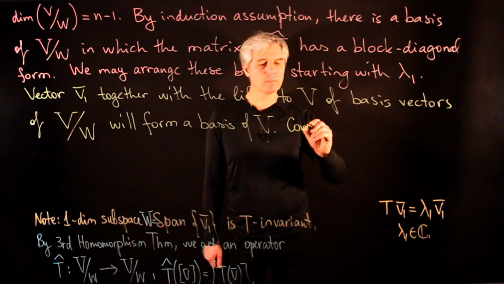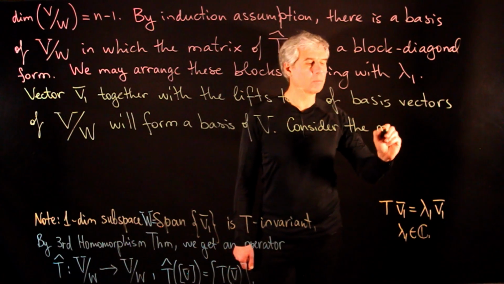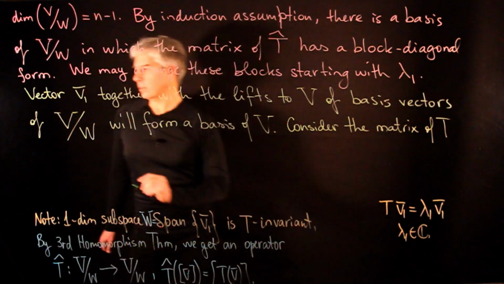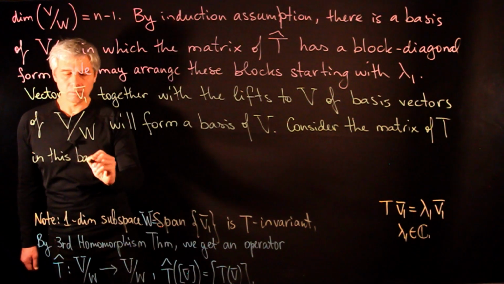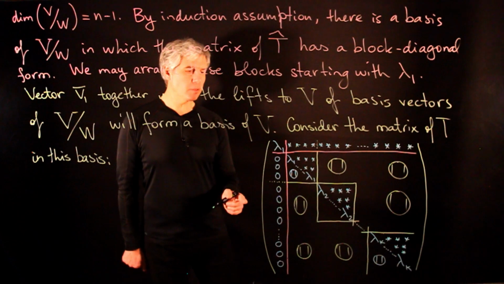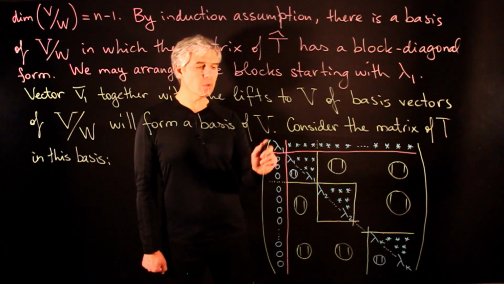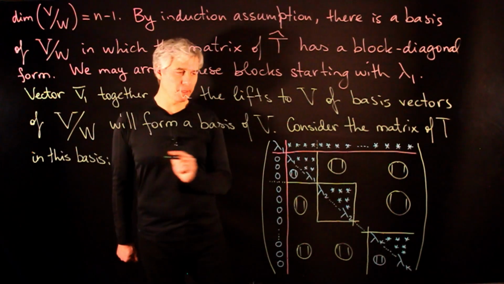Now consider the matrix of T in this basis. The structure of this matrix will be the following. In the top left corner, we will have lambda 1. This will correspond to our vector v1.